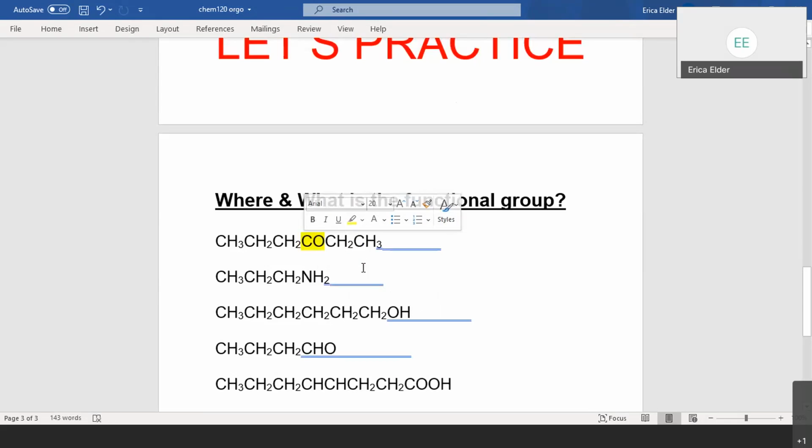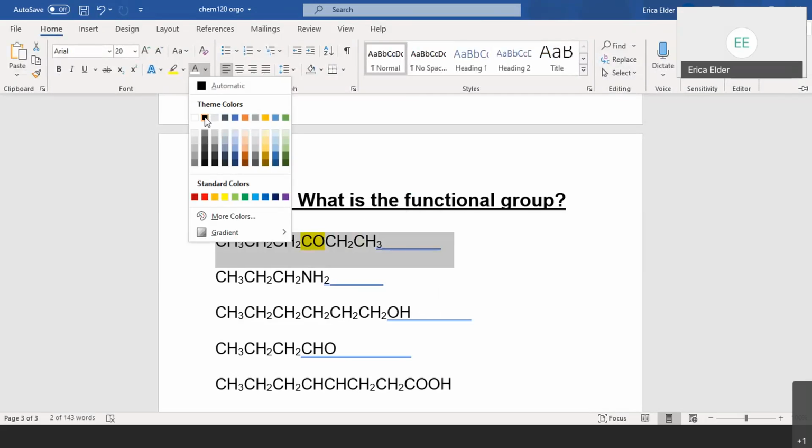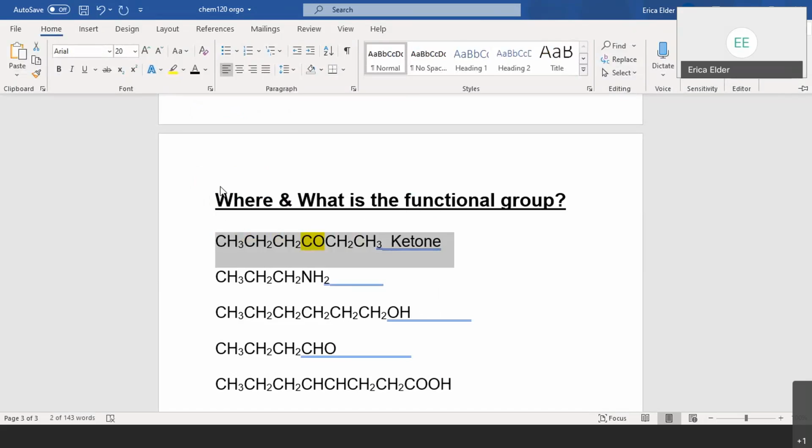So if I look back at my chart, I know that something that is going to be bonded, we've got an oxygen bonded here to a carbon. And I think if we go ahead, highlight that, let's go ahead and see what we have. And according to that chart, we are going to have a ketone.